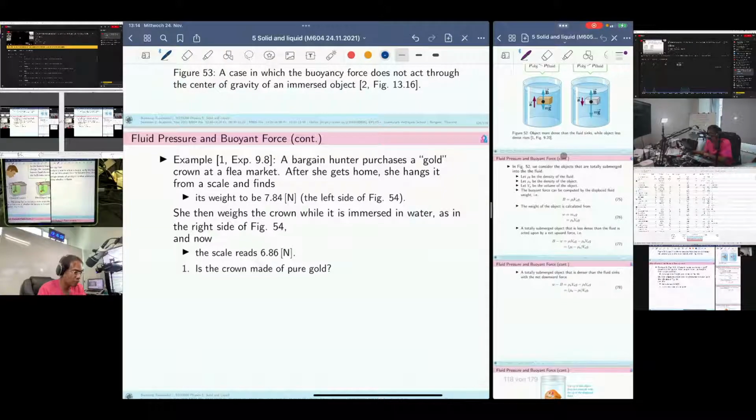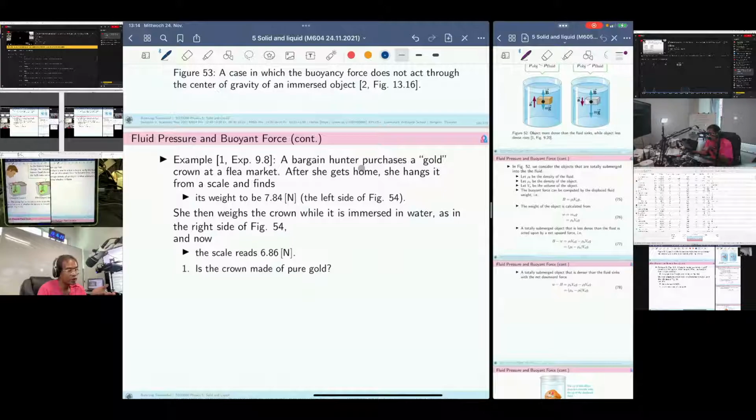A bargain hunter is the guy who deals with the business of gold and so on, right? He purchases a gold crown at a flea market. Okay, it's an unofficial market. You just walk and try to buy the cheap thing, right? You don't go to the gold shop because the price of the gold there is higher, but it also has better quality.